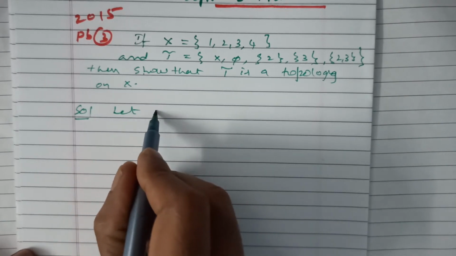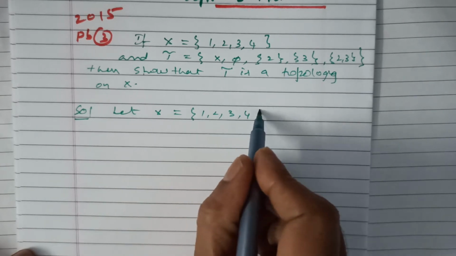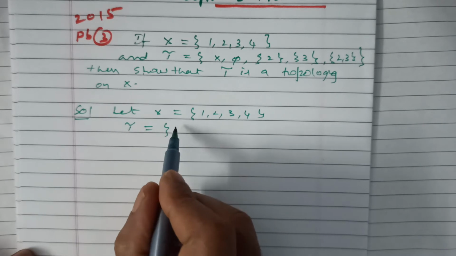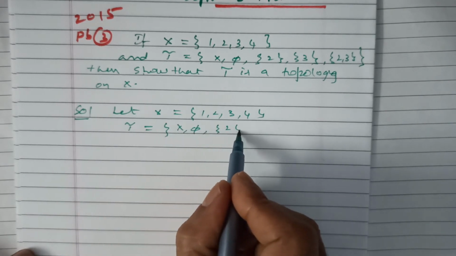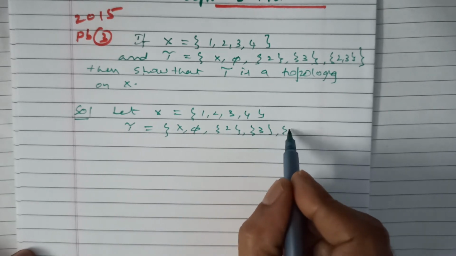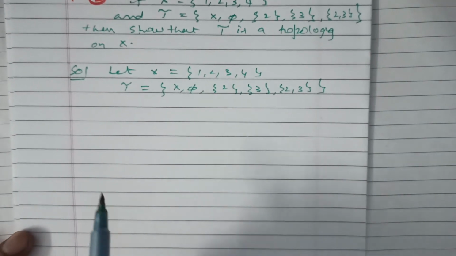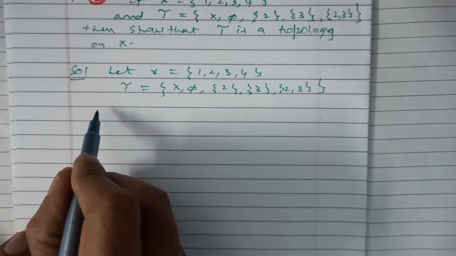Let X is equal to set of 1, 2, 3, 4. Tau is equal to X, phi, set of 2, set of 3, set of 2, 3. Next, let us verify the 4 conditions to show that tau is a topology.